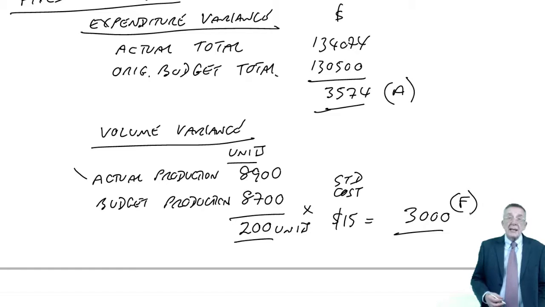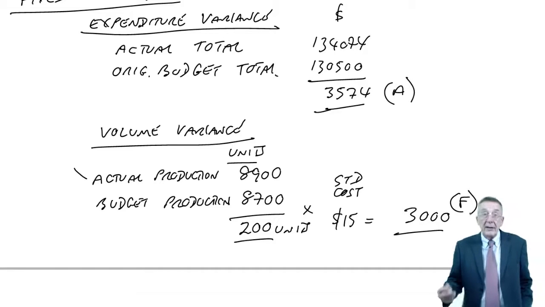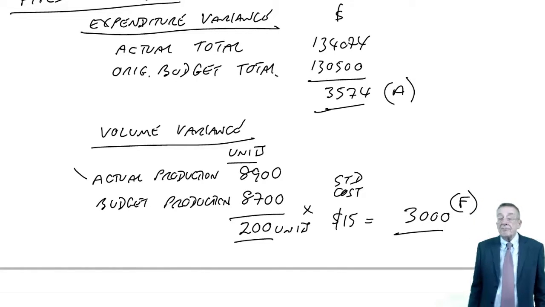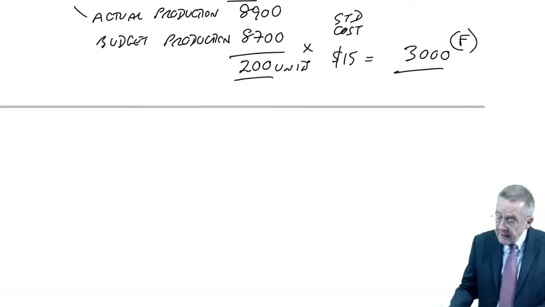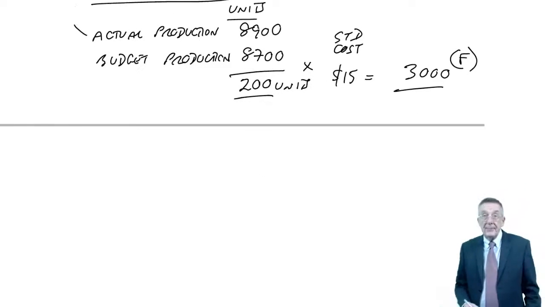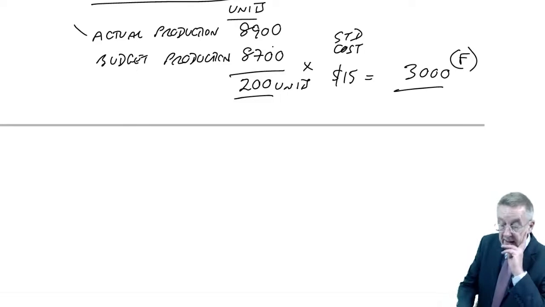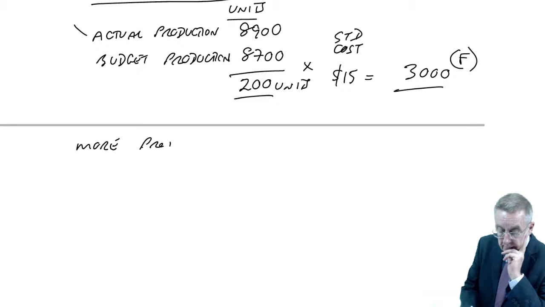Now, it's easy for me to say that, and if that's perfectly obvious, fine, no problem. In the middle of an exam, it's not always easy to think that through. The way I remember, which is a bit of a cheat, but it always works, I say to myself, oh, there's been more production. That's good.